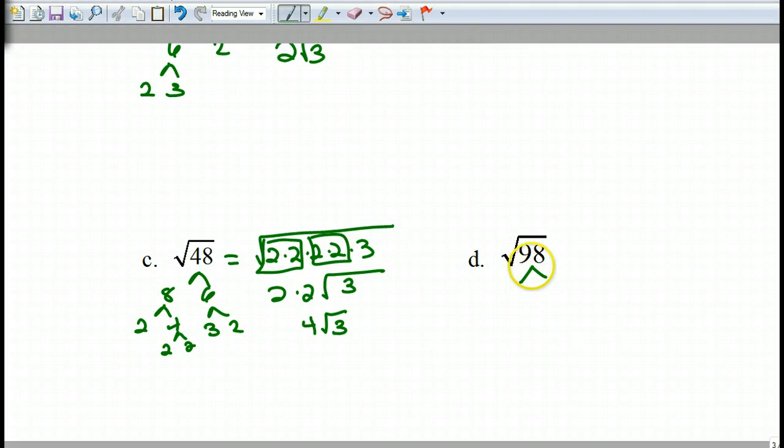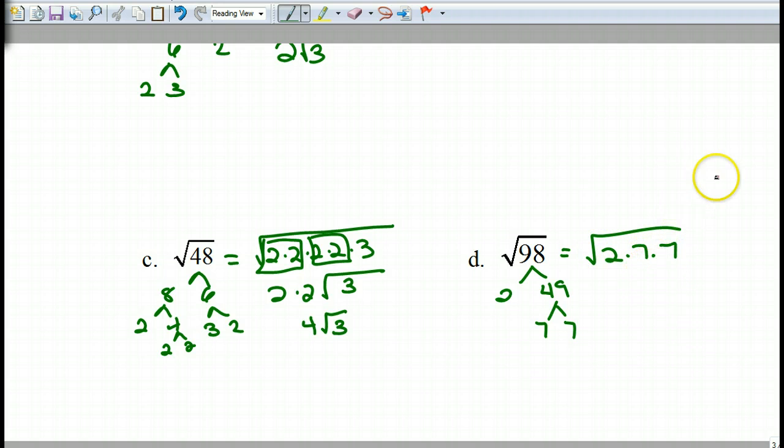Okay, what goes into 98? 2 and 49. And 7 and 7. So this would be the same as saying 2 times 7 times 7. We have a pair of 7's. So 7 square roots of 2.